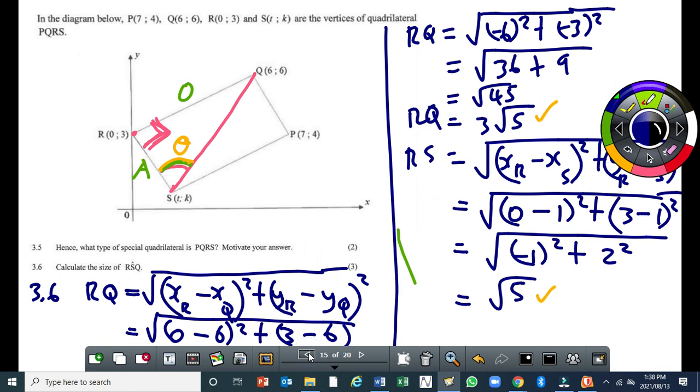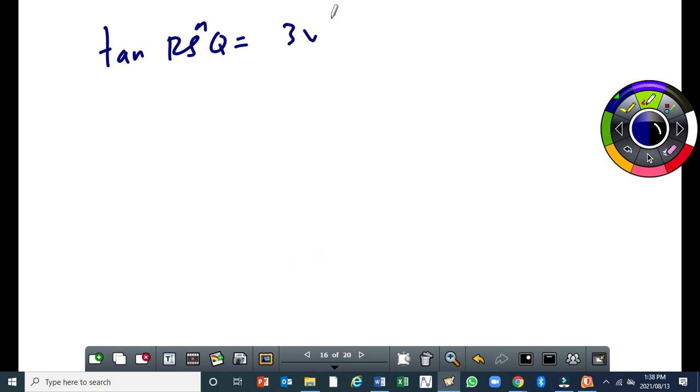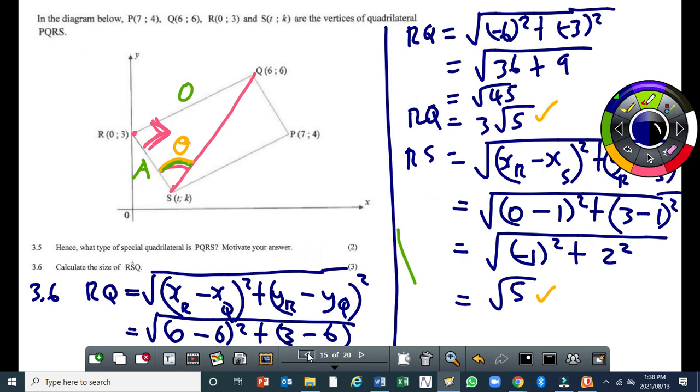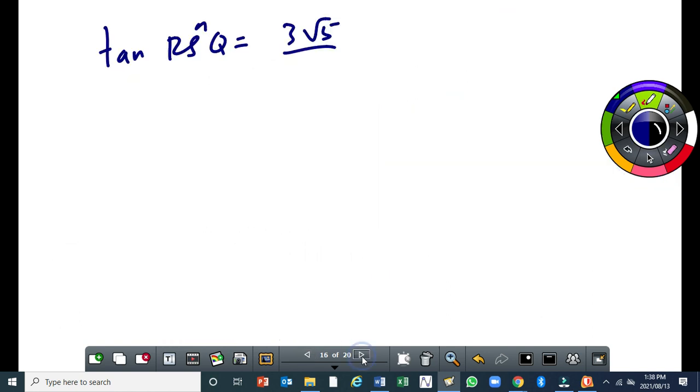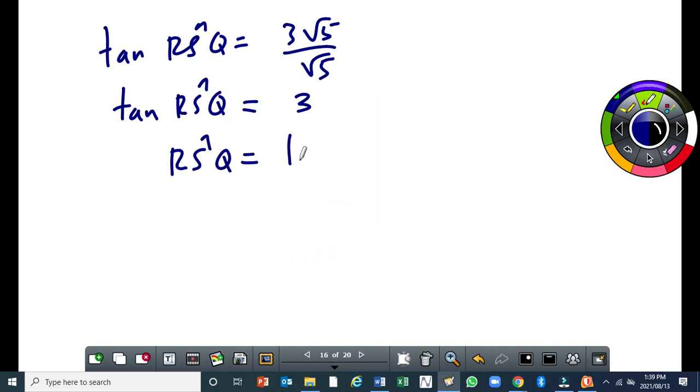RQ is 3 root 5, and my RS is square root of 5. So it means tan RSQ is going to be equal to 3. So RSQ is going to be shift tan of 3.